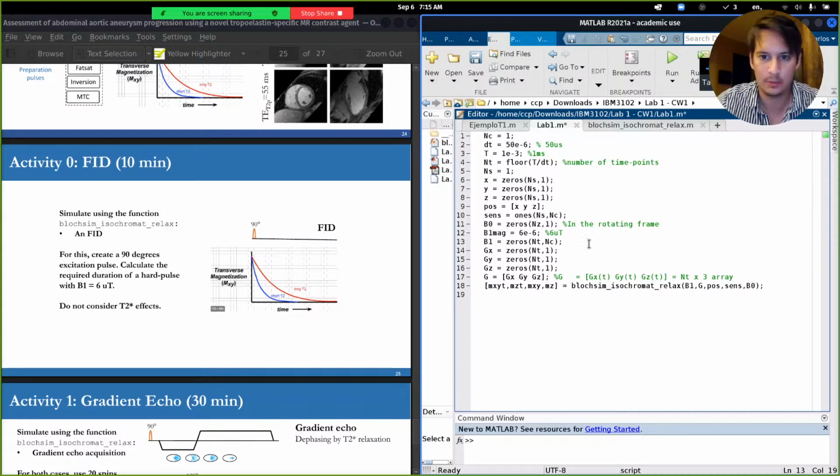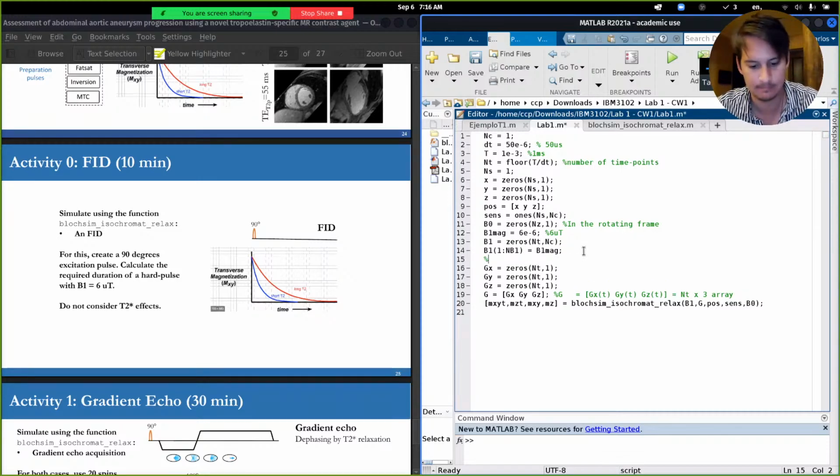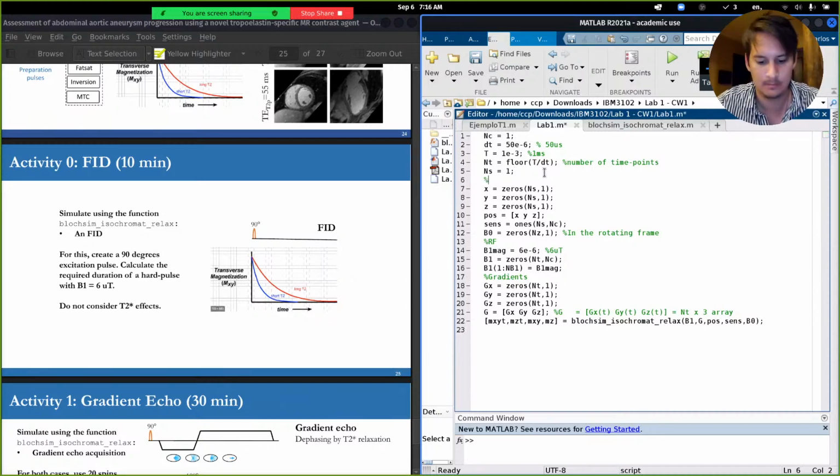Okay, so let's put zeros, and then for the first n V1 samples we will put the V1 magnitude. And how can we calculate the number of samples we want to apply the RF pulse? Do you know how?